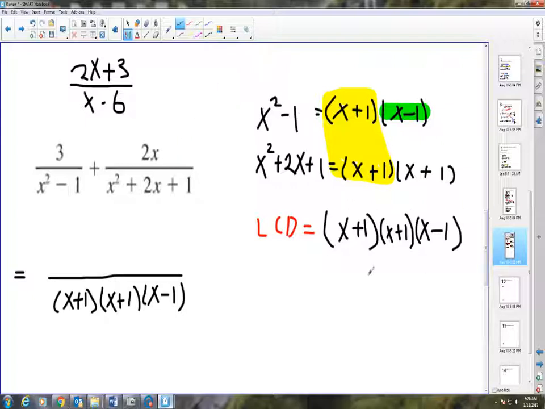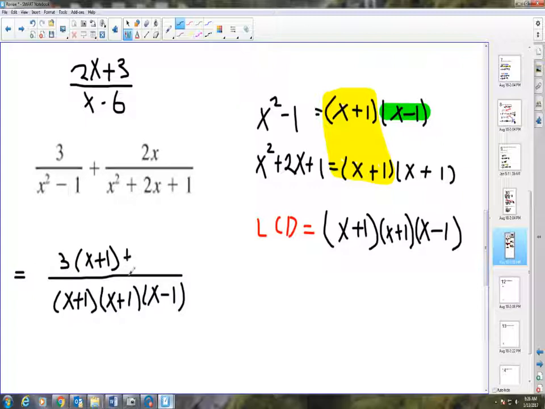Look at the LCD. What does your LCD have that the first denominator does not have? The first denominator compared with the LCD is missing an x plus 1. So that's how many times we're going to increase. Since the first denominator is missing an x plus 1, we take that times my numerator 3.